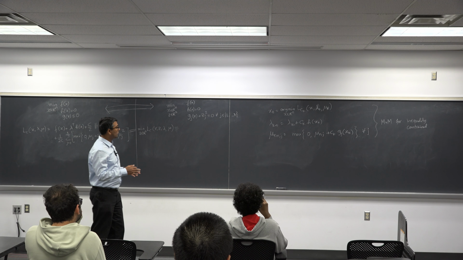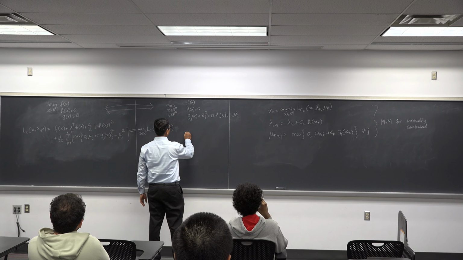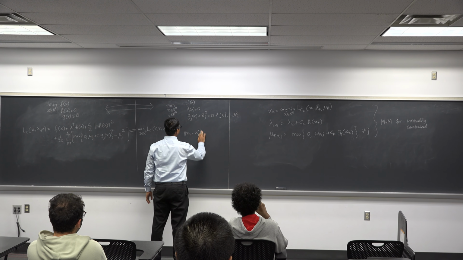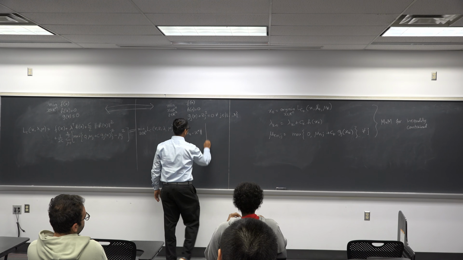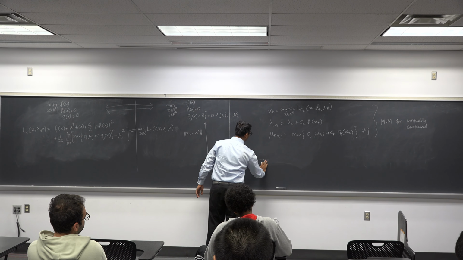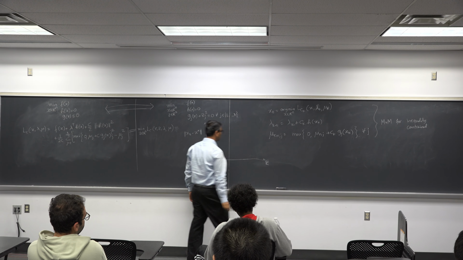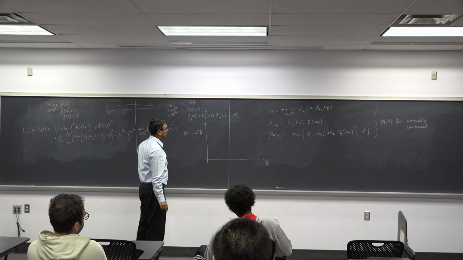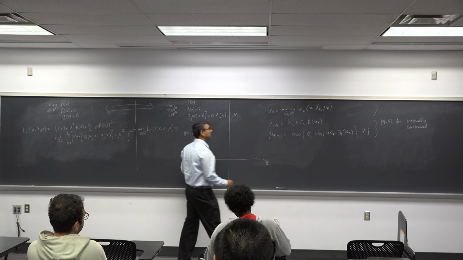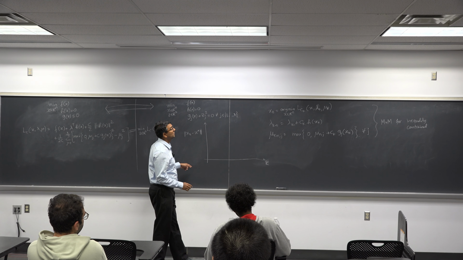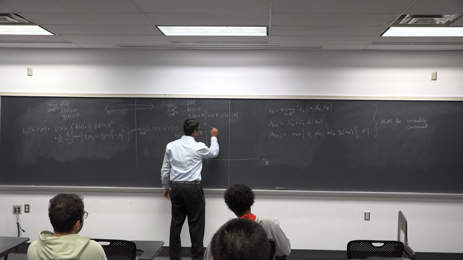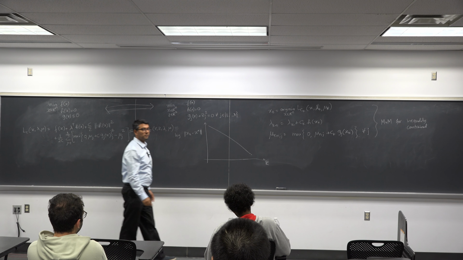So remember, if the norm of x_k minus x star is on the y-axis and the iteration k is on the x-axis, with log on the y-axis, it kind of looks like this, right? So it converges very quickly.